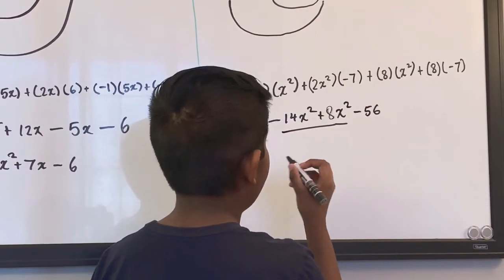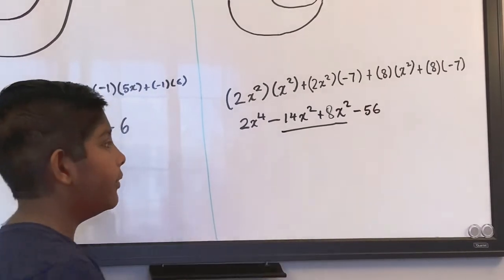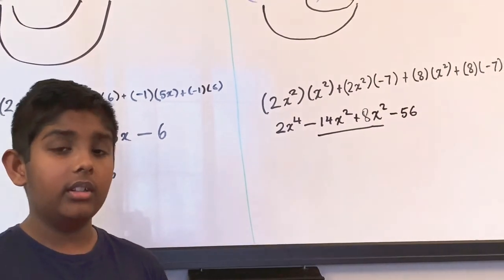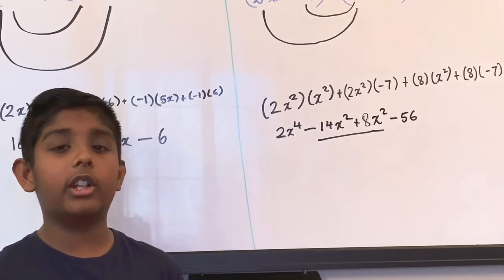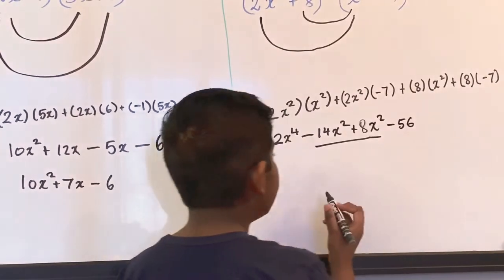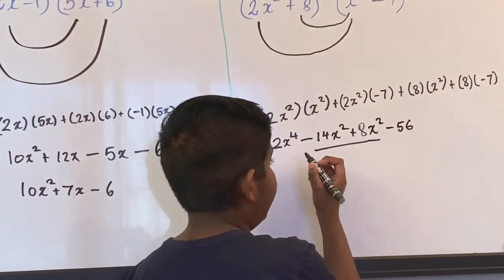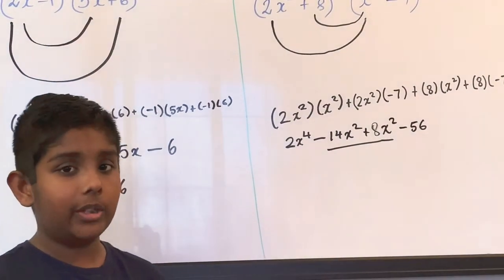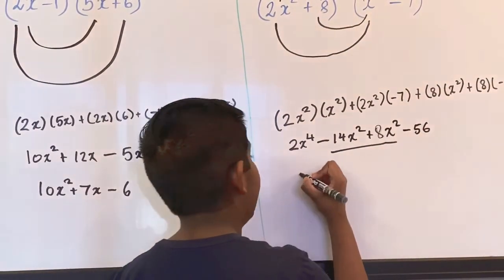Negative 14 plus positive 8. We have two different signs, so we're going to apply the adding integer rule. That's going to be negative 6.